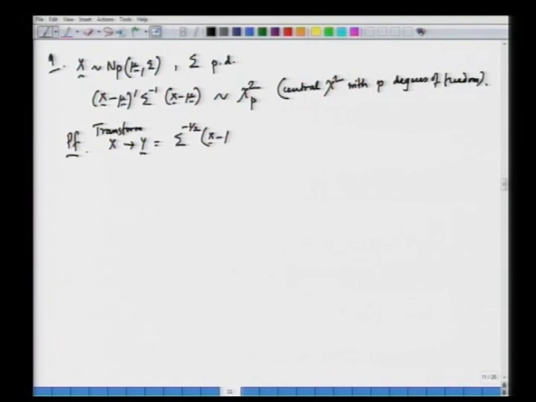With this in position, we have already seen that this y follows a p-variate normal with mean as null vector and variance covariance matrix as the identity matrix of order p, which again implies that y1 to yp, the components of this p-dimensional random vector y, are IID standard normal variables.